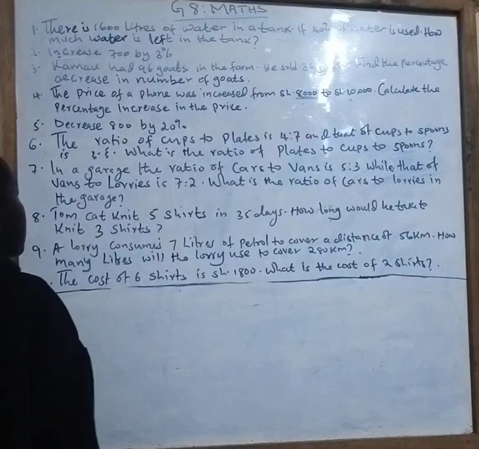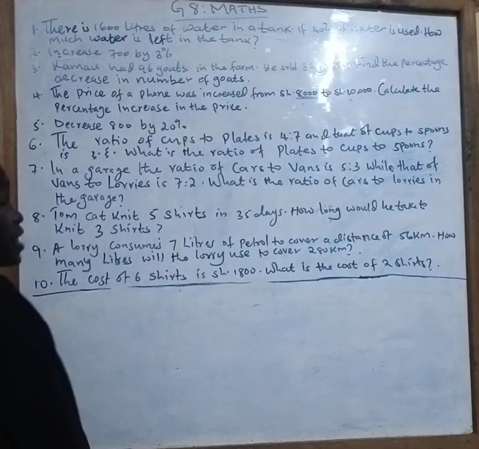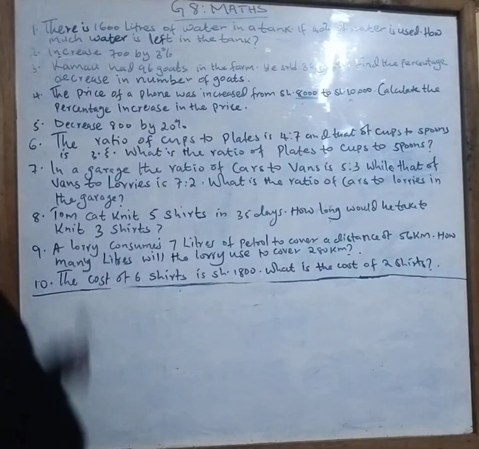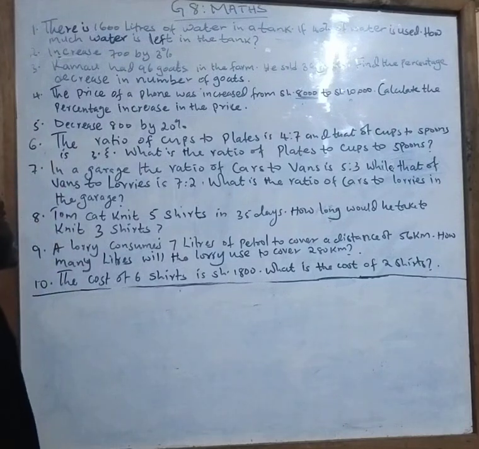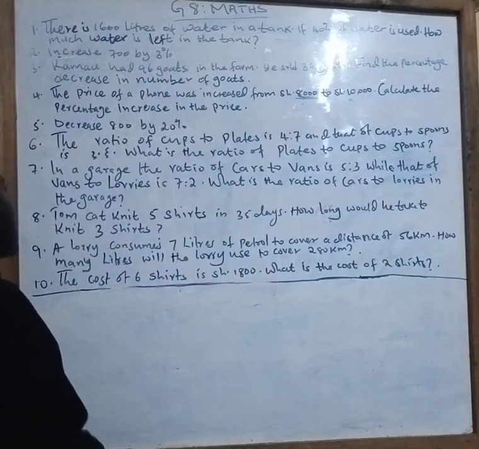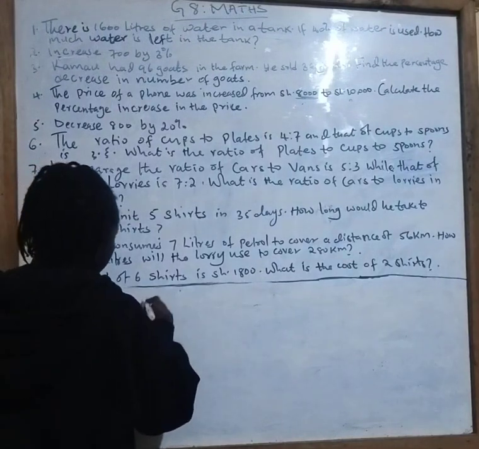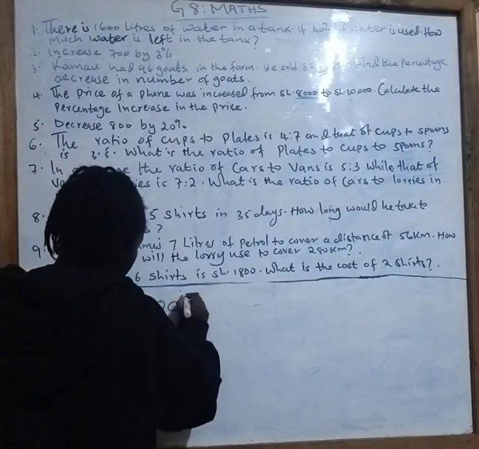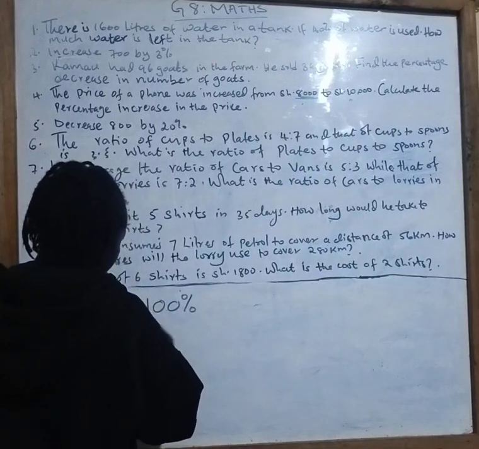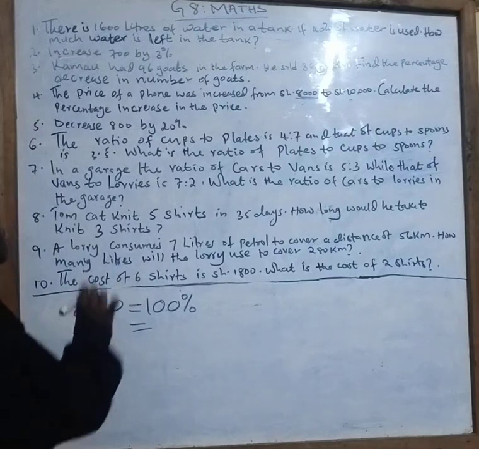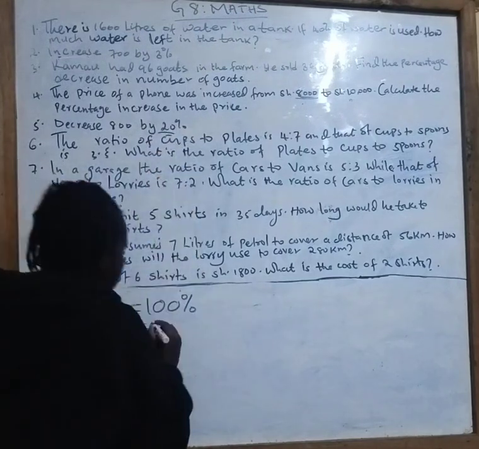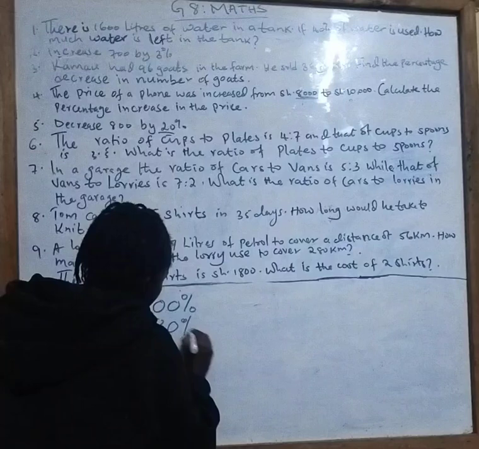Then you read the questions. In question 5, decrease 800 by 20%. Before, 800 is equal to 100%. And the decrease of 20% is 80%.